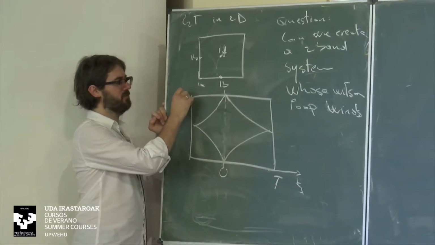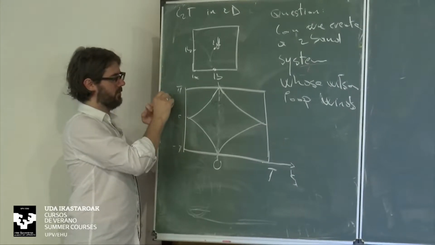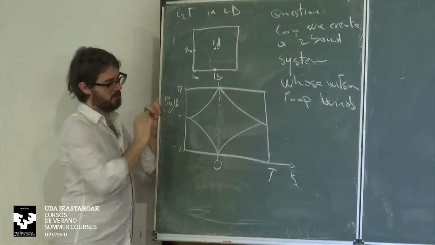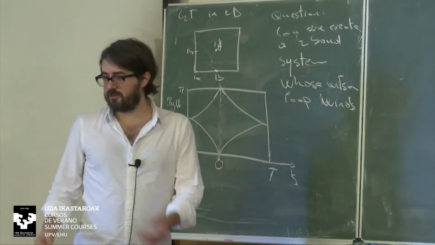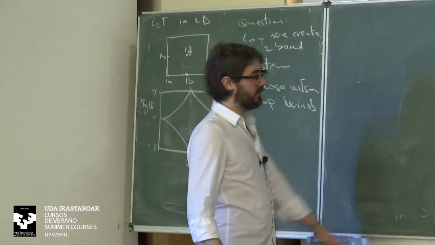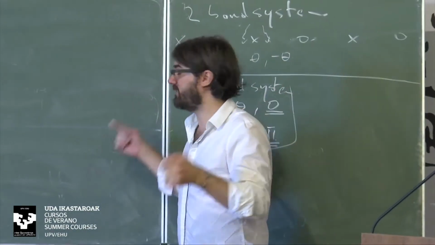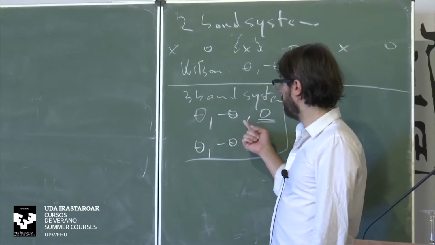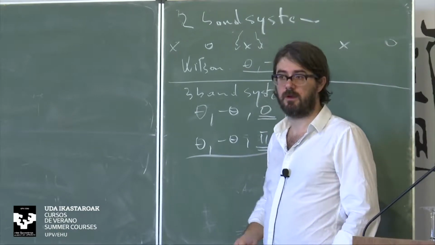And this was Wilson loop pi, 0, minus pi. Okay? And these were enforced by inversion symmetry. But we now just said right here that in 1D with C2 times T, for 2 bands, I can have theta, minus theta. Right?